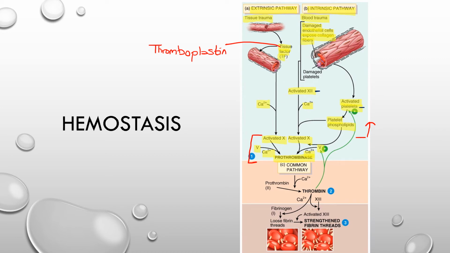Those activated platelets will release phospholipids. Then the platelet phospholipids, calcium, and activated clotting factor 12 will all work together to activate clotting factor 10. Then clotting factors 10 and 5 and extra calcium will all work together to activate the enzyme prothrombinase.